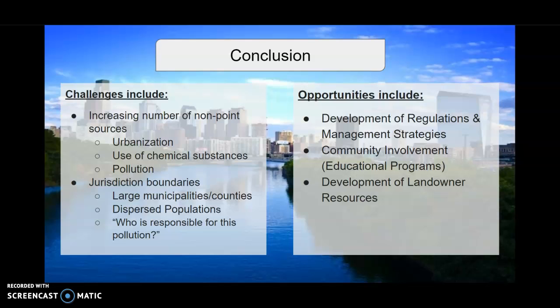So in terms of challenges, the increased urbanization potentially enlarges drainage areas, and the increased use of chemical substances and pollutants in the area really cause problems in terms of introducing those into waterways, because those build up on those impervious surfaces.